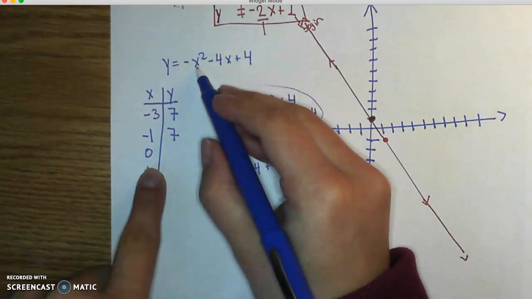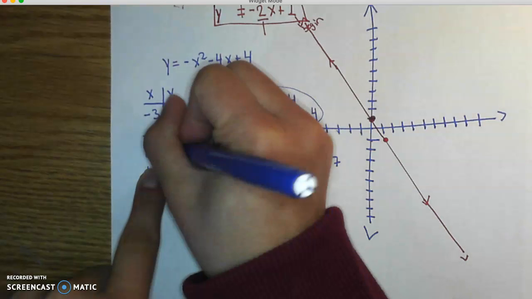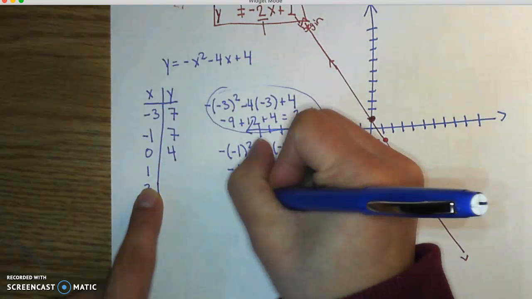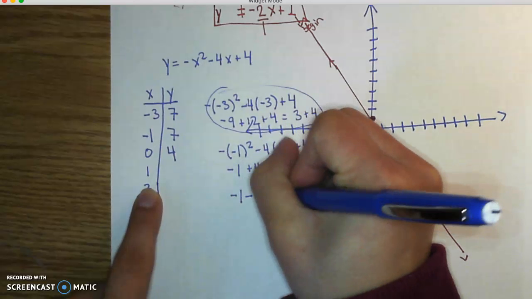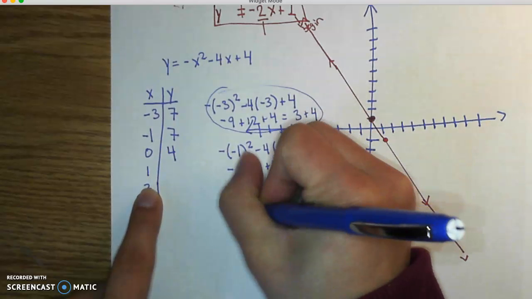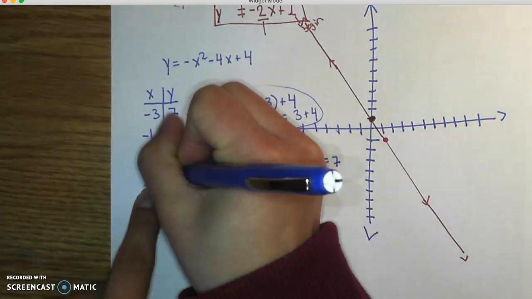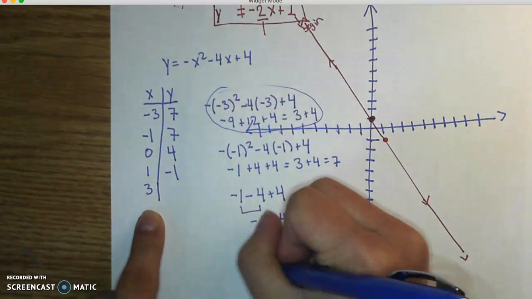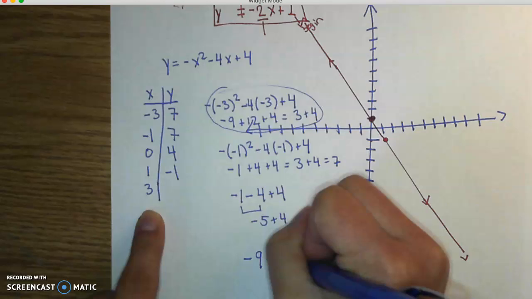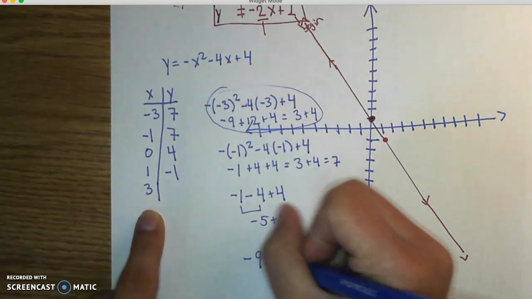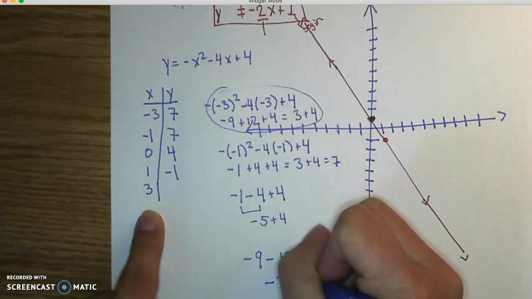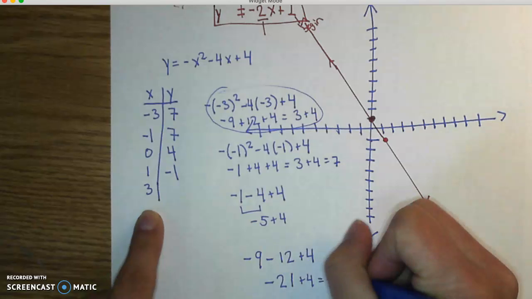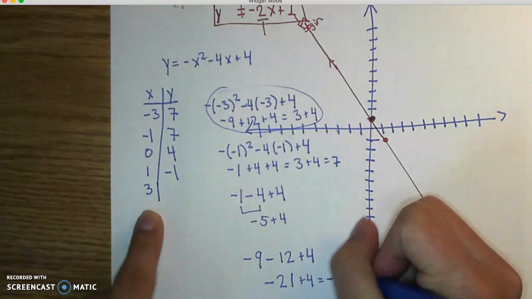Well, 0, this means 0, 0, so it's just 4. The next one is 1, so -1 minus 4 plus 4. -5 plus 4 is -1. 3, I'm just putting it in the equation, -9 minus 12 plus 4. Well, that's -21 plus 4 is -17.